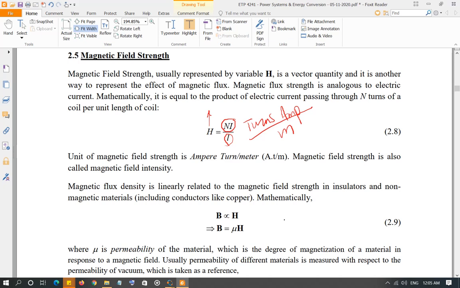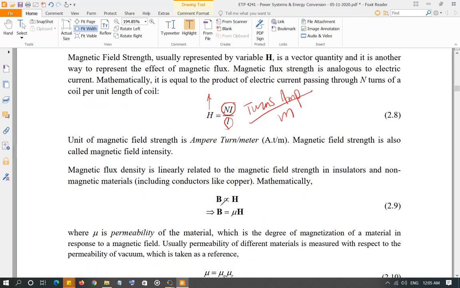Then the flux density is not going to increase. You can increase the current, but the flux density will not increase. In any case, the flux density and the magnetic field strength are proportional to each other.